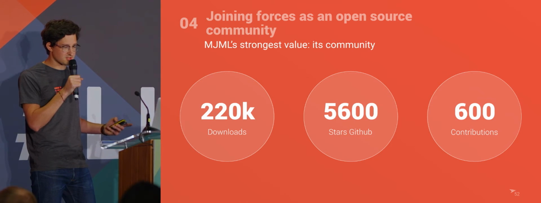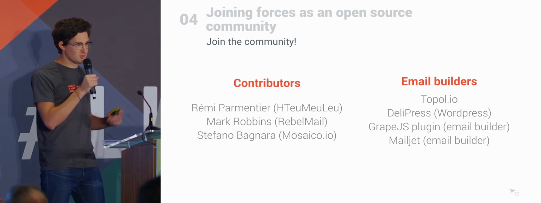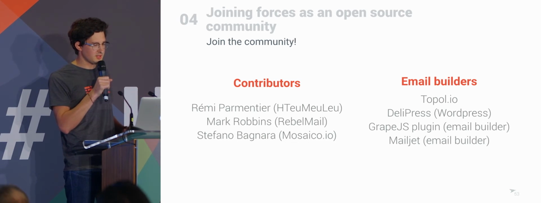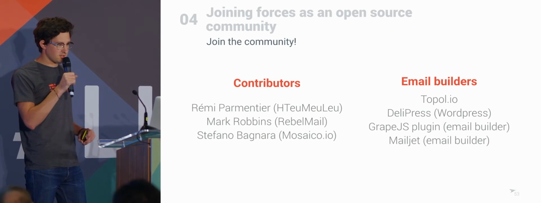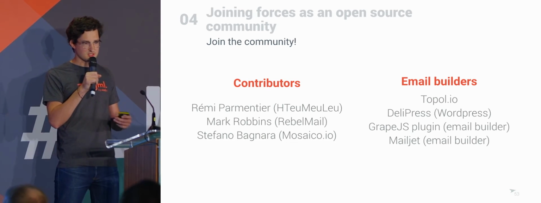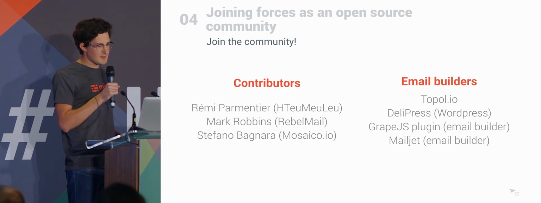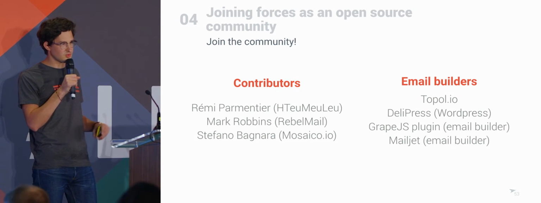Among those contributors, I swear I didn't know they were part of this session, we have Remy, who has helped us a lot on the approach behind MJML, which is mobile first and hybrid. Mark also had some suggestions about accessibility that we welcomed and integrated quickly. And Stefano also, who is working on Mosaico. Who knows about Mosaico?